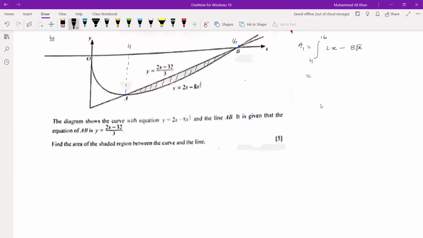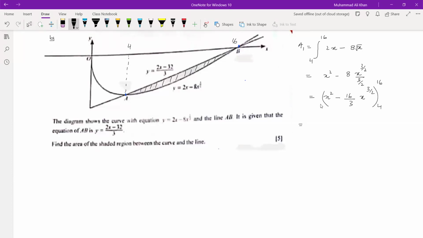So now it will be 2x squared by 2, which means x squared, minus 8 x power 3 upon 2 divided by 3 upon 2. So it will be x squared minus 16 over 3 x power 3 upon 2, and the limits are from 4 to 16.